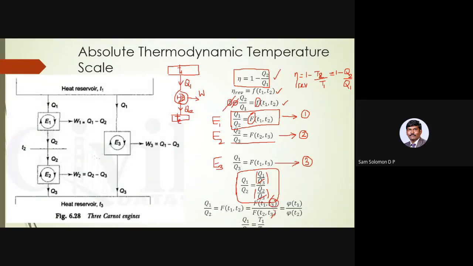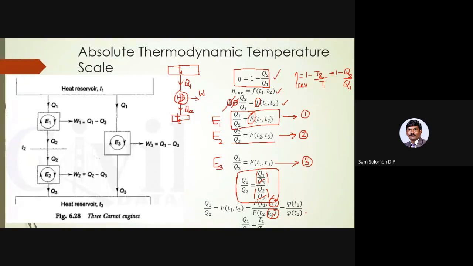So I can remove this T3, but it is within a function. So if I remove T3, it will become another function, which is pi of T1 divided by pi of T2. So now my Q1 by Q2 is equal to some function of temperature T1 divided by some function of temperature T2.